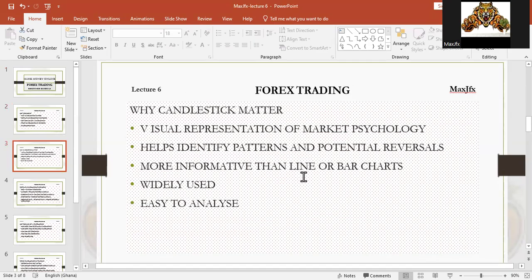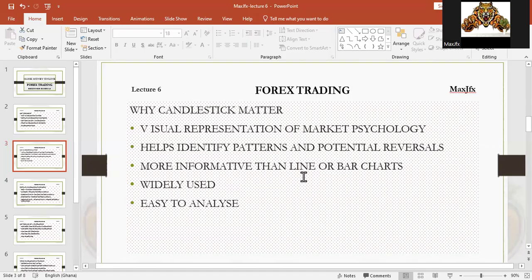Candlesticks matter because a candlestick is a visual representation of market psychology, and it helps identify patterns and potential reversals. It's also more informative compared to line and bar charts, and it's widely used, which makes it very reliable and easy to analyze.